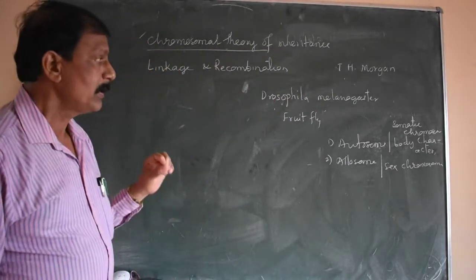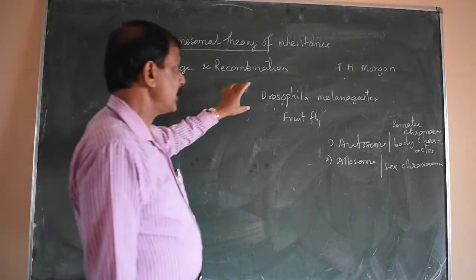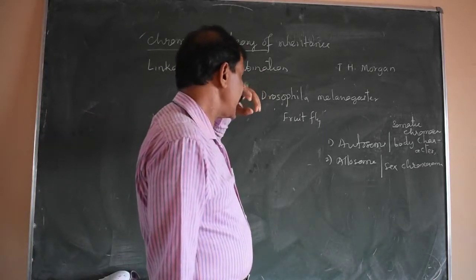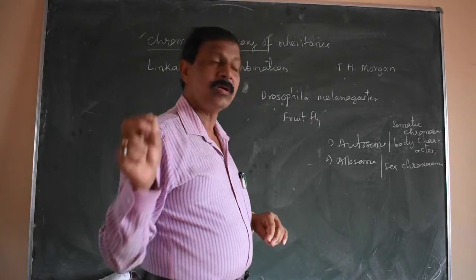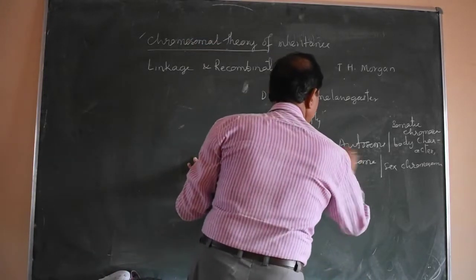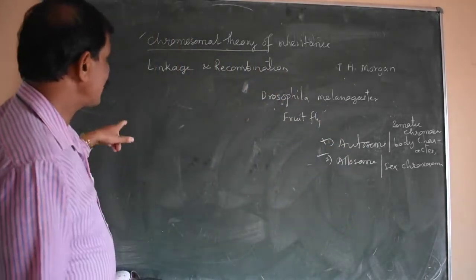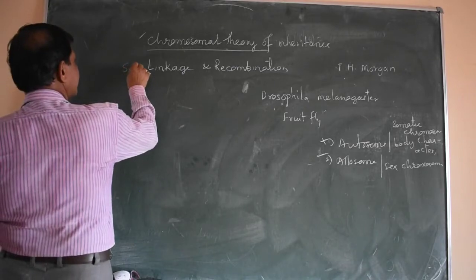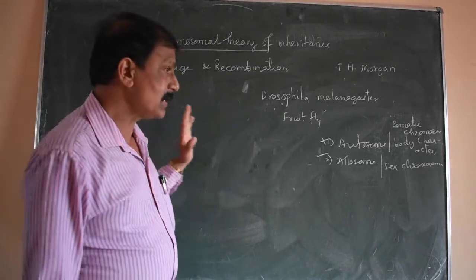Autosomes and allosomes. Later, during his experiments on Drosophila melanogaster, he came to know that some characters were not on the autosome, instead they were on the allosome, and he called it sex-linked inheritance, or sex linkage.